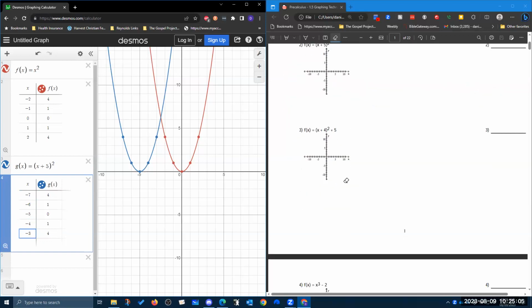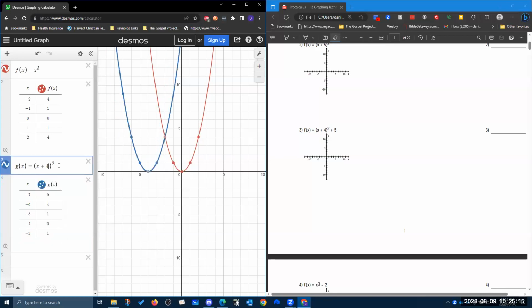Let's put it together now, and let's do something with both a horizontal shift and a vertical shift. Let's make this (x plus 4) quantity squared plus 5.